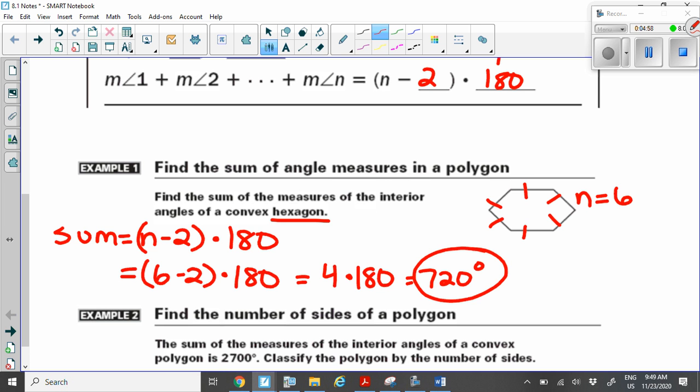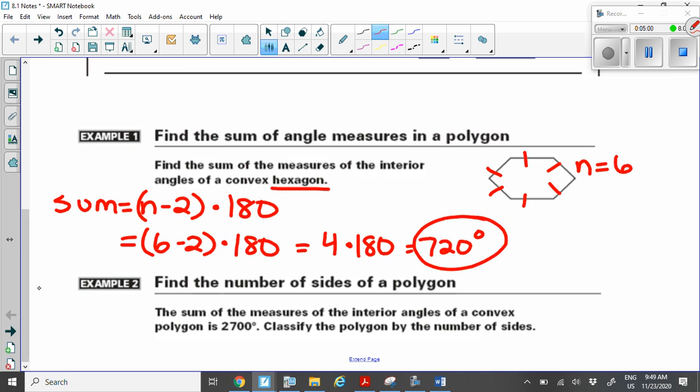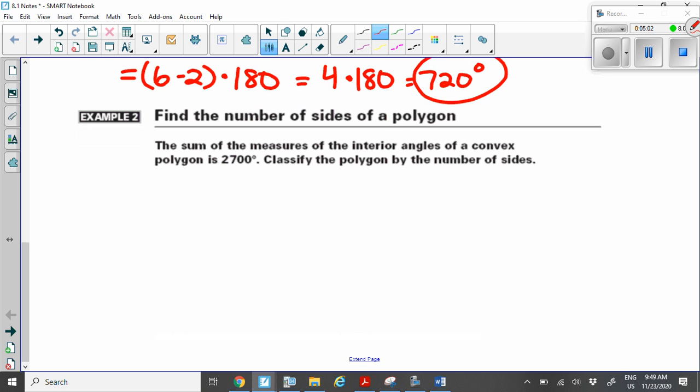Okay, let's do example number 2. This is once again using our formula. Find the number of sides of a polygon. So we're reversing it. Last time they gave us how many sides, and we had to find the sum of the interior angles. This time they give us the sum of the interior angles, and we have to find the number of sides.